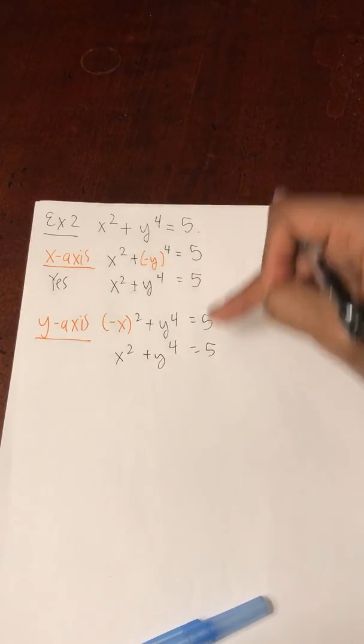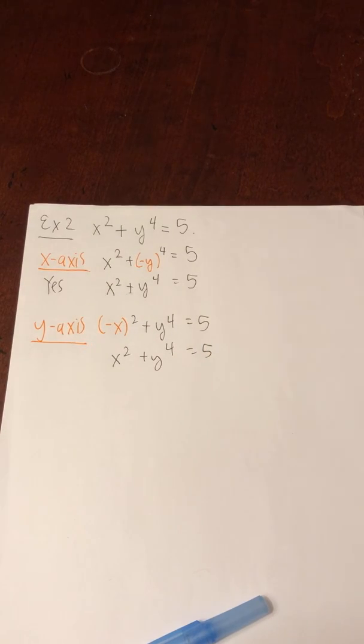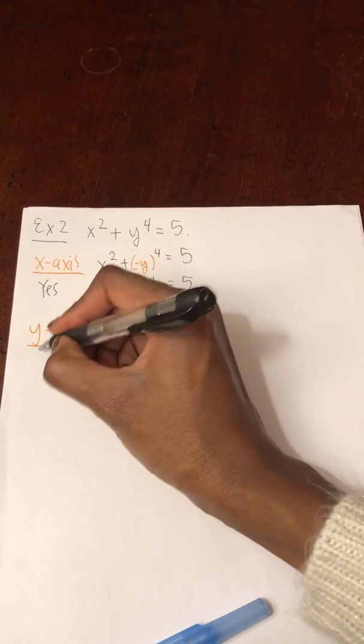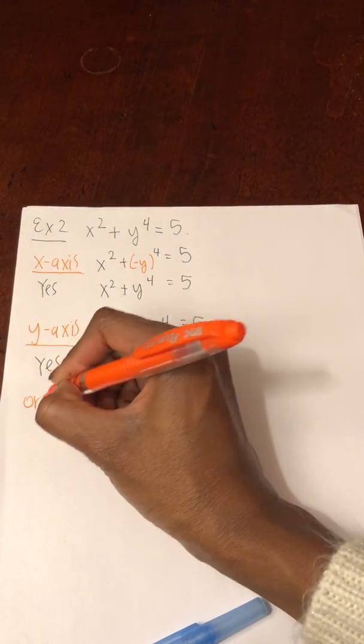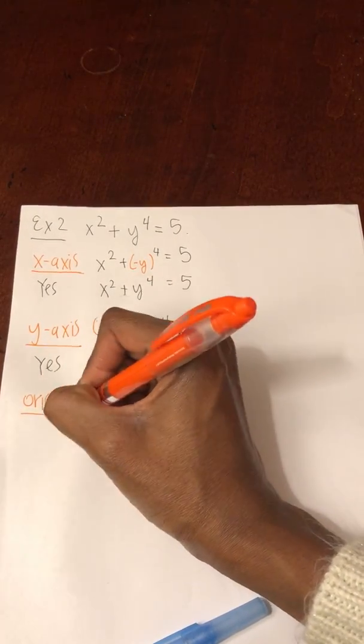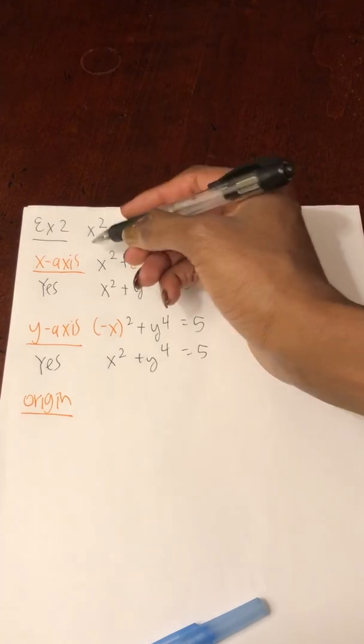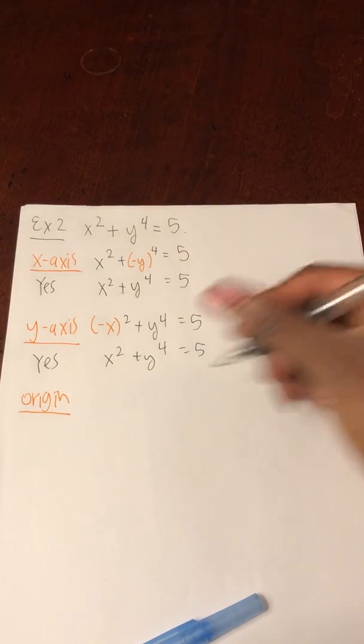And we can already tell that it will be symmetric with respect to the y-axis. And last, we check the origin. Can anyone guess what this one's going to be? Because we've already checked with y and our x, right?